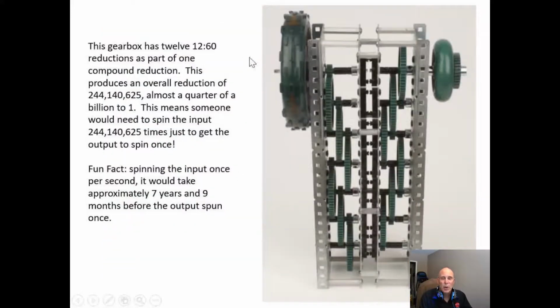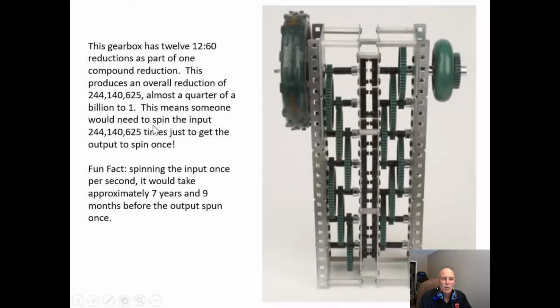So this is a gearbox that somebody made, and it has 12 to 60 reductions. So this produces an overall reduction of 244,140,625, a quarter of a billion to one.